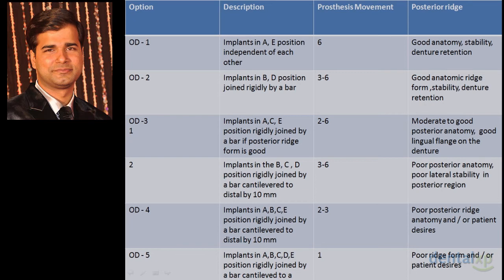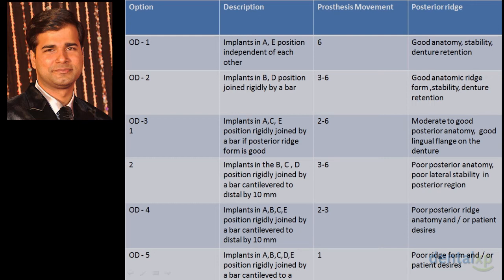If it's overdenture treatment option 3 part 2, implants are placed in the B, C, D position, rigidly joined by a bar cantilever to the distal by 10 mm. Prosthesis movement ranges from 3 to 6. Posterior ridge, poor posterior anatomy, poor lateral stability in the posterior region.